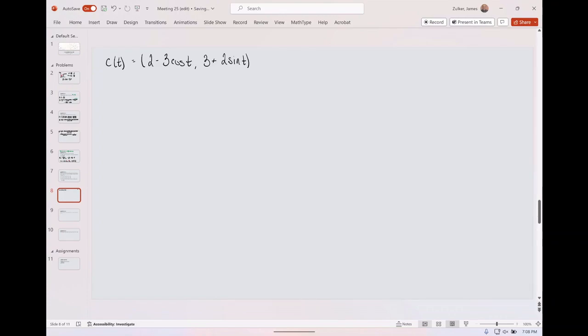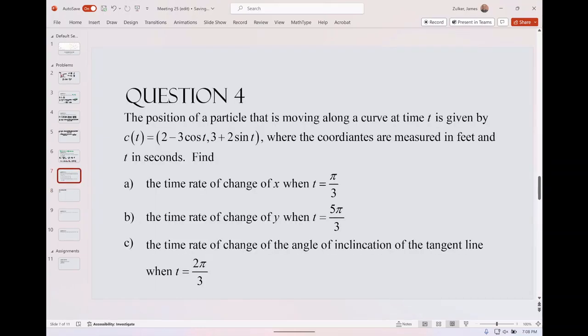Right, so there's a path that our particle is following. Part A, they want time rate of change of x when t is pi over 3.